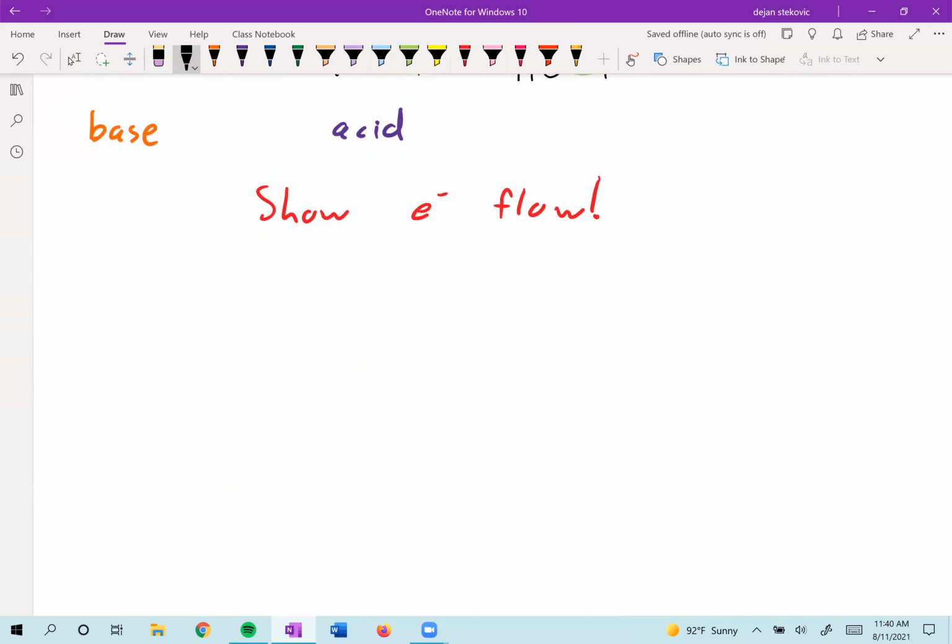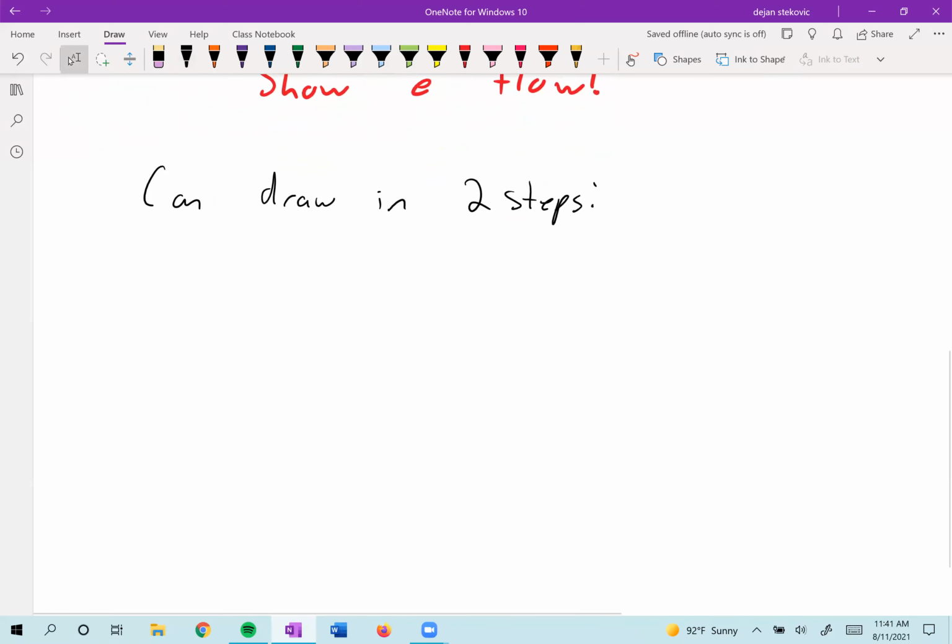Alternatively, you can draw this in two steps. Let's take a look at some examples and see which way is correct and which way is incorrect. So let's think about doing this in two steps. And let's say we first have our hydroxide attack this H, and then draw the product.